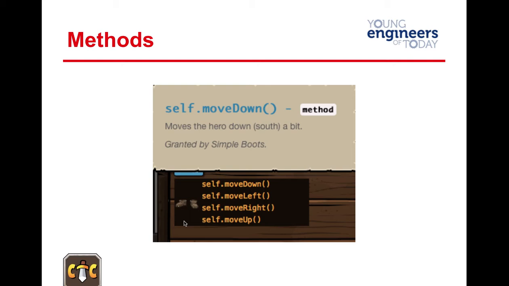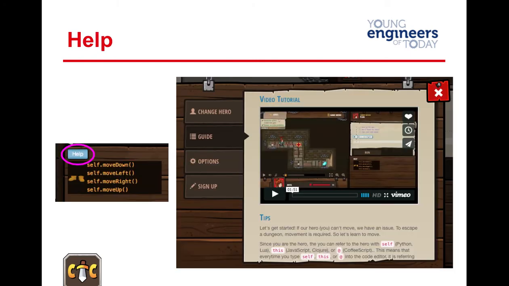A lot of the different equipment, the armor, the clothing, etc., will give you access to different methods. And methods are similar to functions. We'll look at that in a moment. But these allow you to move down, left, right, up. When you get to the level, you'll notice down on the right side of the screen, kind of halfway down, you'll see a help button.